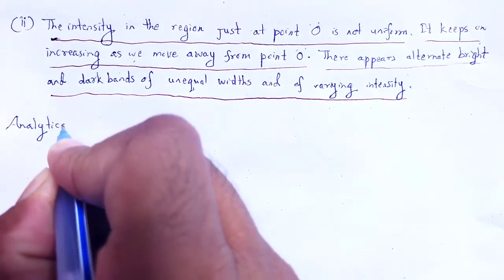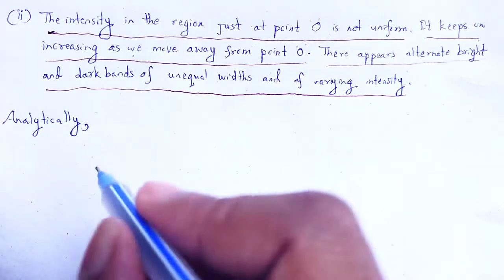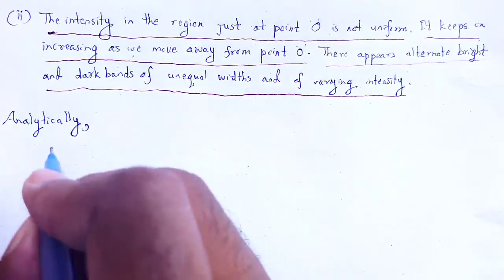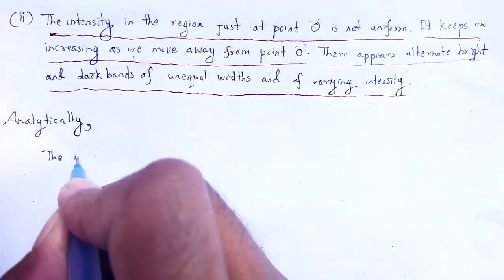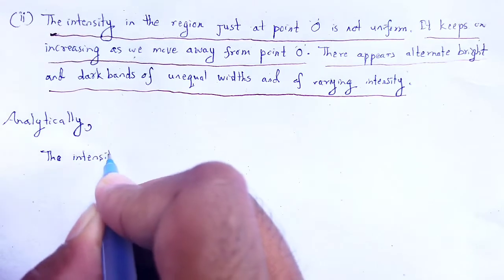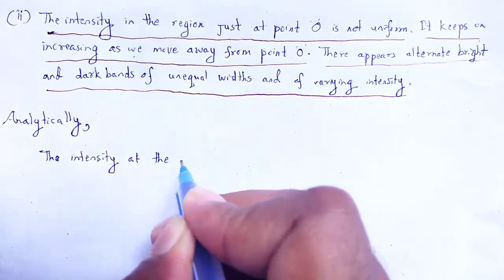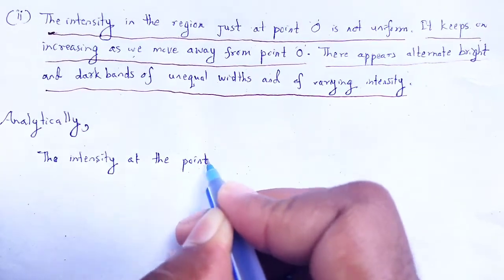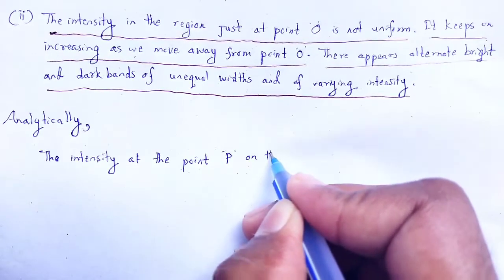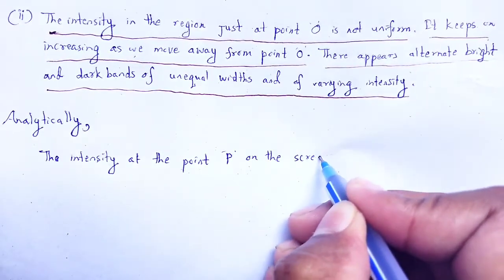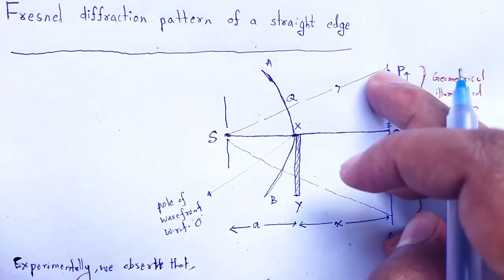Analytically, the intensity at the point P on the screen. What should be the intensity at point P?